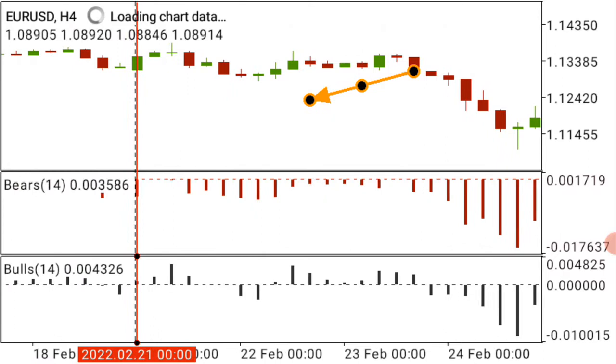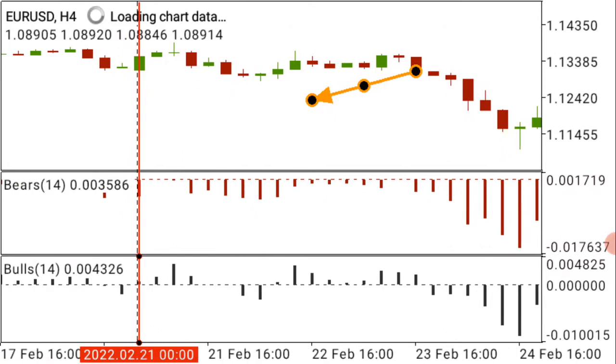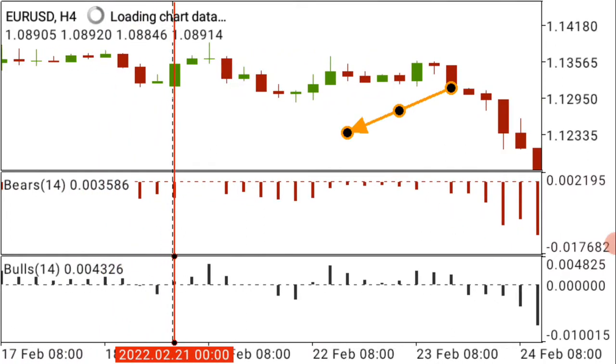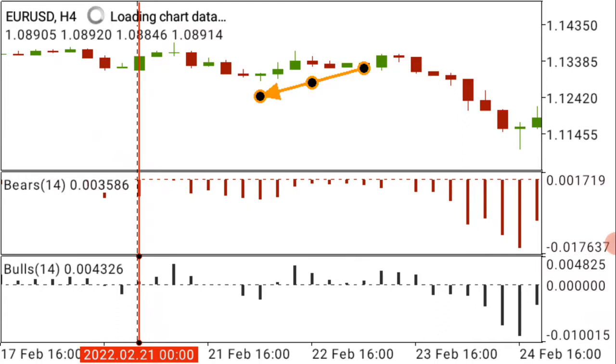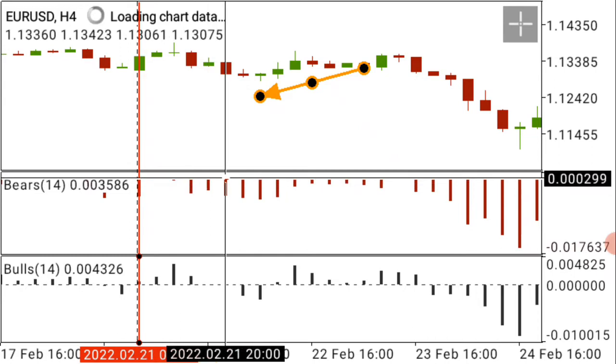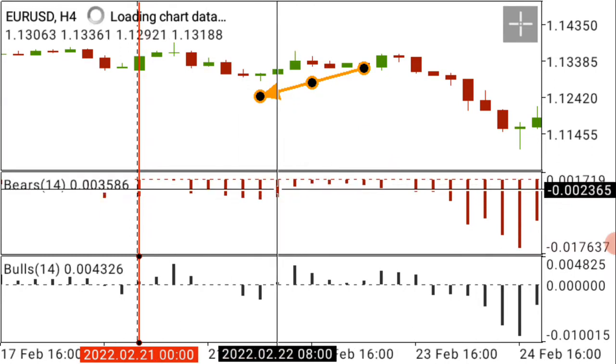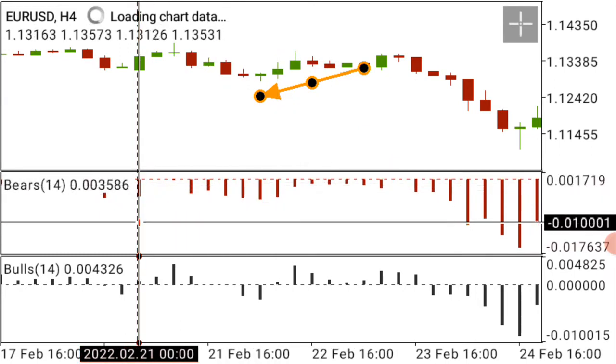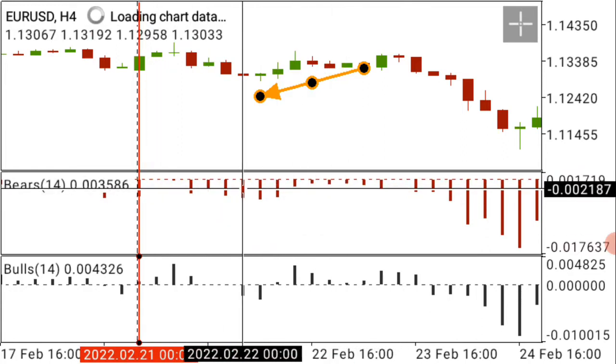So we have the bulls and bears strength indicator, as I've inserted them below, right? As you can see here, guys, the first indicator, which is above, which is red, is the bears, right?